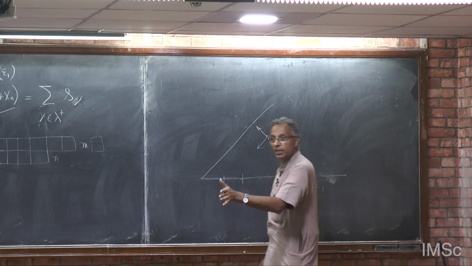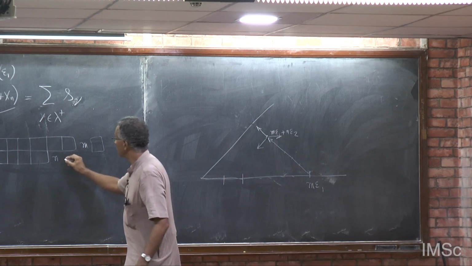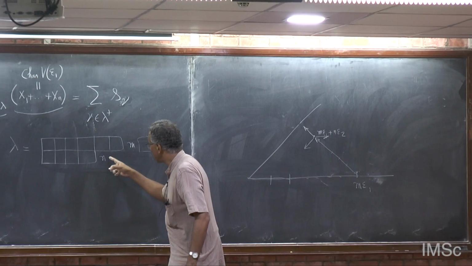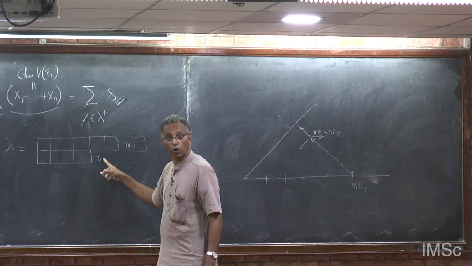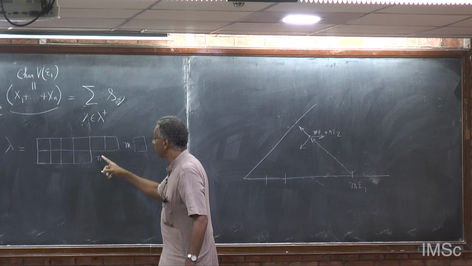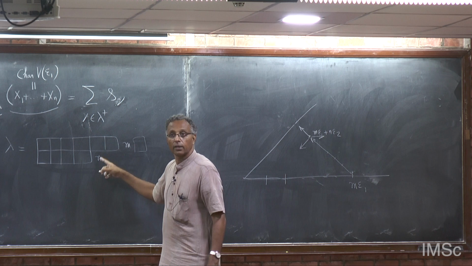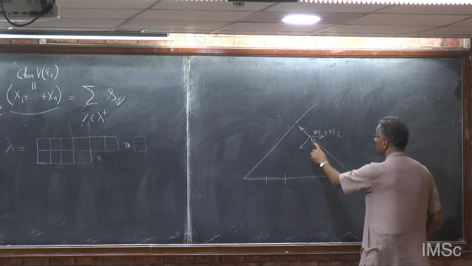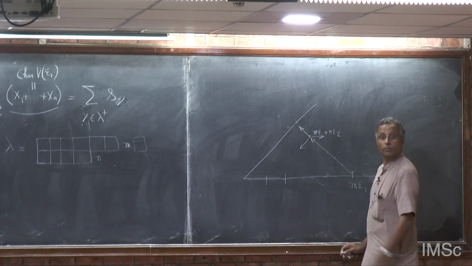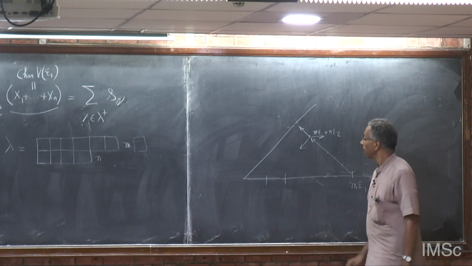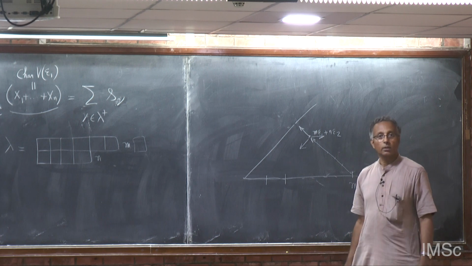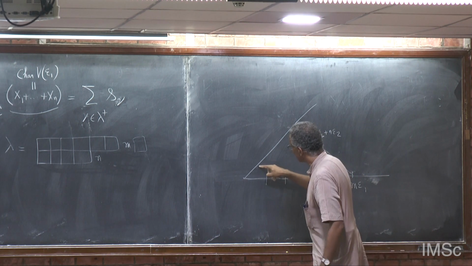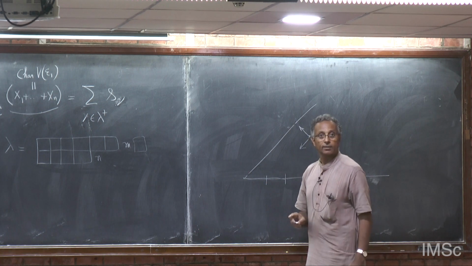So whether I can add this box here or not depends exactly on whether n is strictly less than m, and that precisely is whether this ends here or before. And how about this? As long as there is one box here and one box here, I can add this, right?